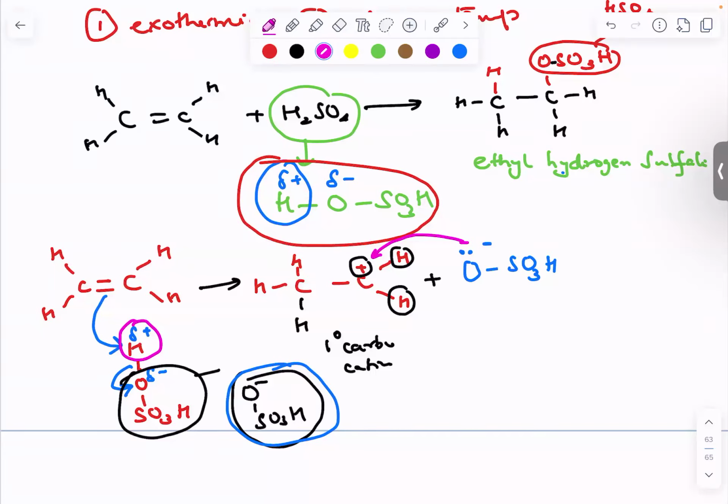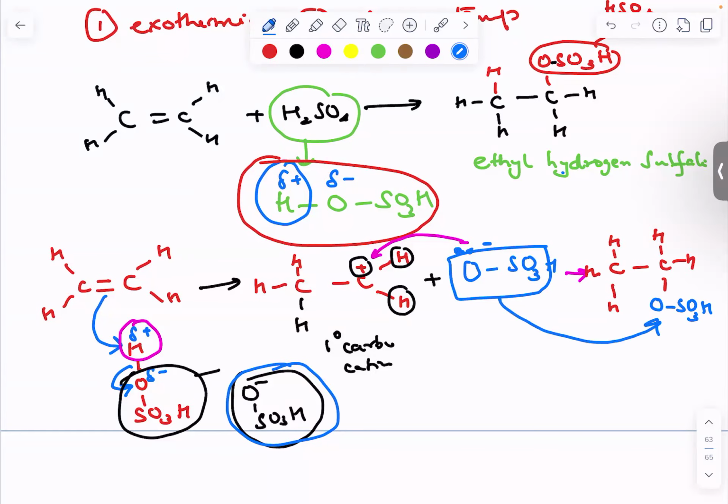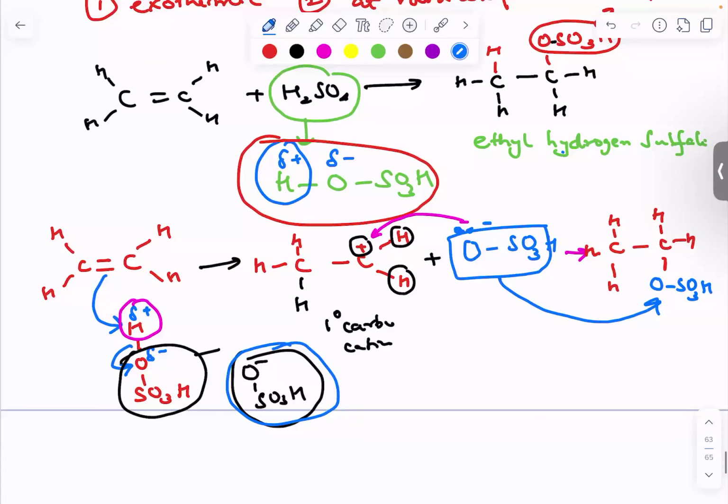It is going to attack the carbocation, and we are going to get CH3CH2, and now with a different color, I am going to write O SO3H. This whole thingy is going to be attached here with the carbocation. And now this is the product we have got.